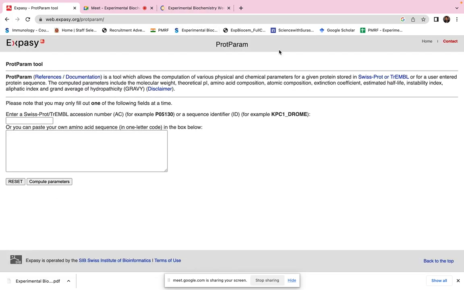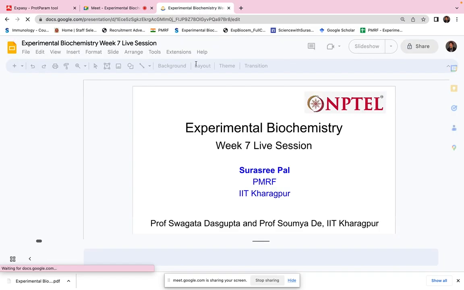So this is actually the Expasy ProtParam tool, and in this box we have to paste the amino acid sequence. So this amino acid sequence I'm trying to get.